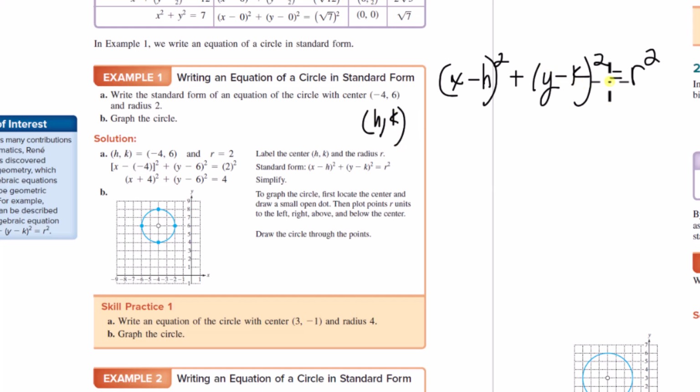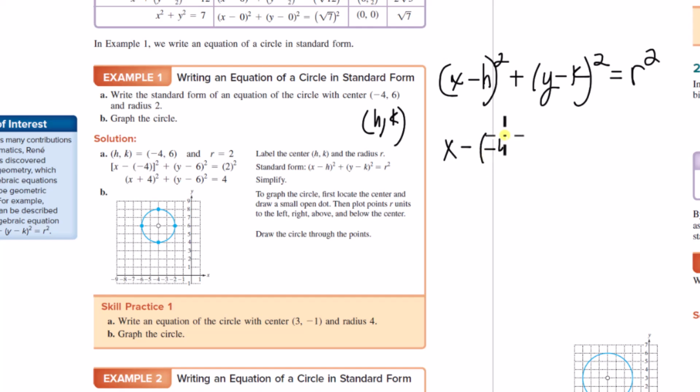It's really important that you get good at substituting values into equations or pulling values out of equations, like these standard forms of equations, because you don't want to say, okay, h is -4, x minus 4 squared. No. You do x minus, then you get to h.